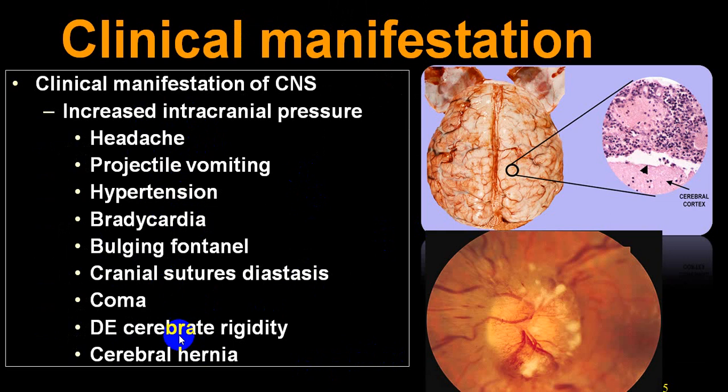Again, the same big list, and the person can even develop decerebrate posture, cerebral herniation. In children, you can have separation of sutures, bulging fontanelles. You can have Cushing triad in the form of bradycardia, wide pulse pressure, etc. So do look for all those signs.